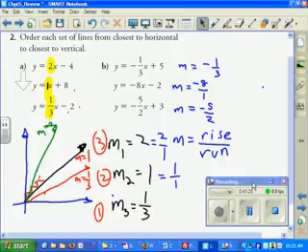What about these two here? Which one's steeper, -5/2 or -1/3? Wait, steeper, does that mean more vertical? Yes. Okay, so then it's -5/2. Why?